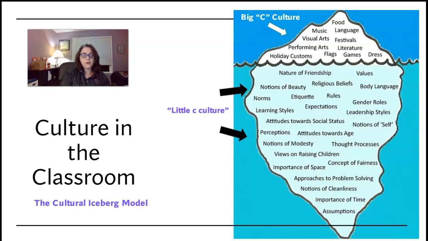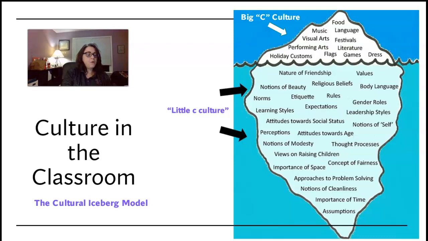So this week, while you are considering your discussions about developing cultural competency, consider some of these, okay? Think about how being mindful of some of these hidden cultural differences can help you to better understand your students from different cultural backgrounds.